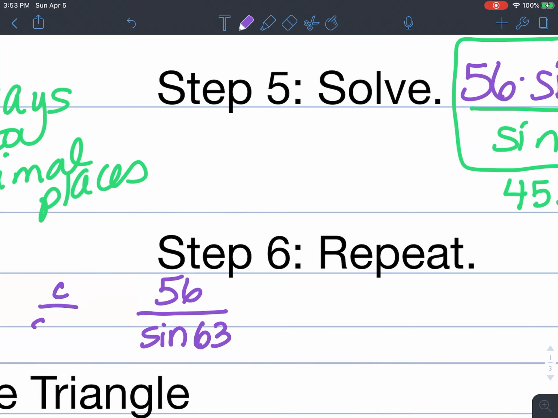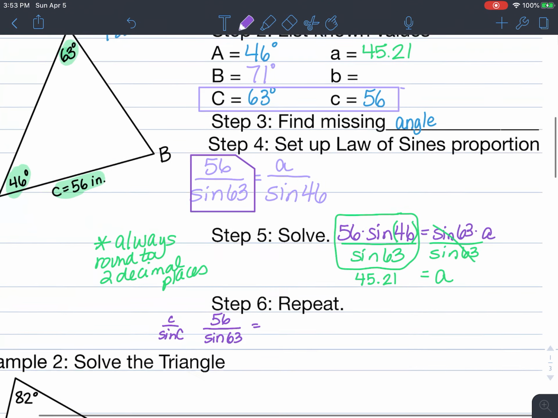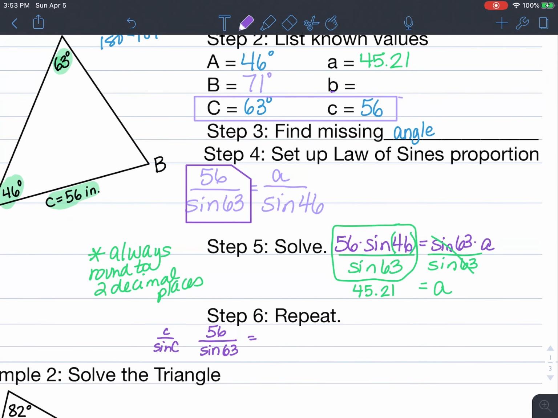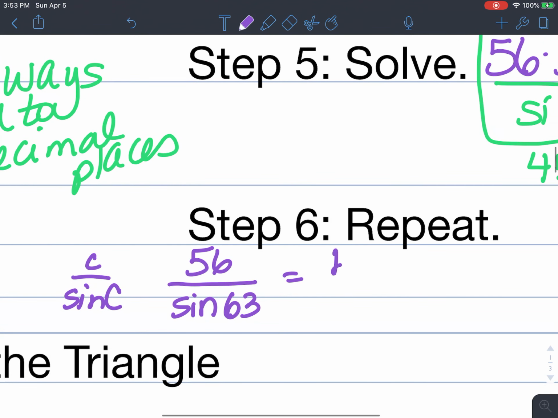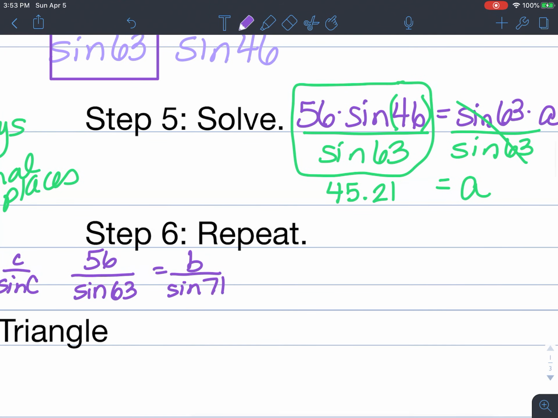So this is the c over sine C. And we're going to set that equal to B over sine of 71. And then again, we'll cross multiply. We'll get 56 sine 71 equals sine 63 times B.